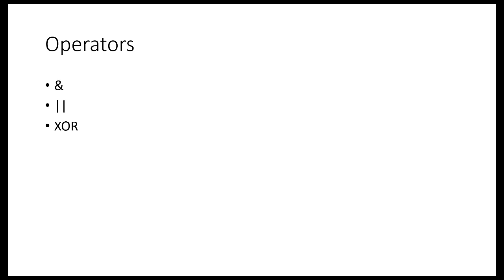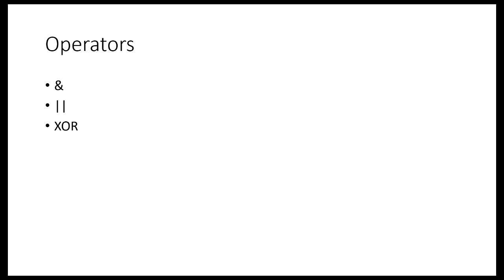So we have and, or, and exclusive or. Say I'm writing code, and if I'm writing logic, let's say, don't go outside unless you're wearing your hat and your jacket.